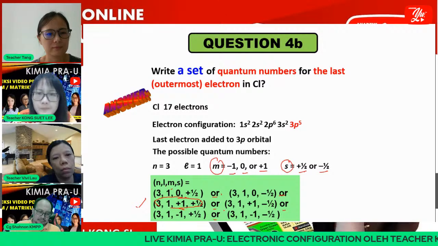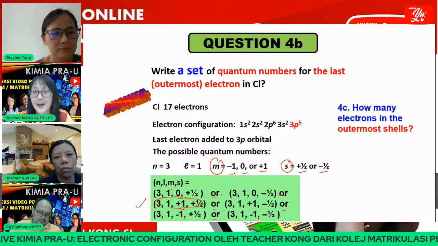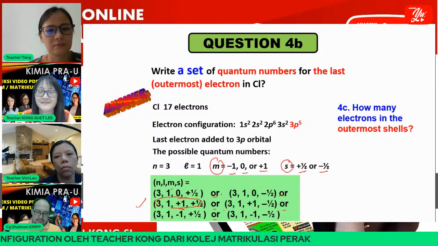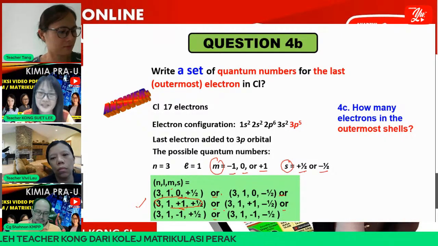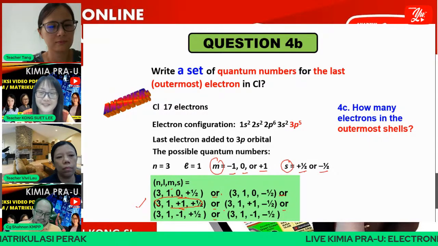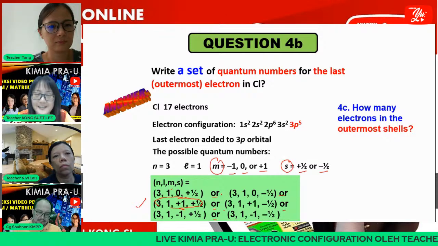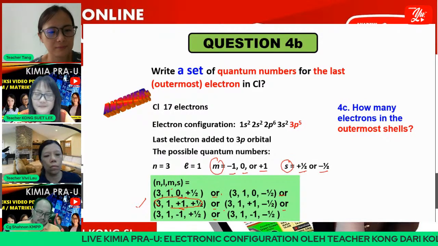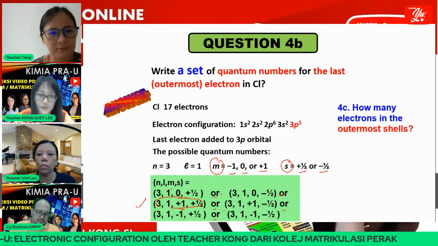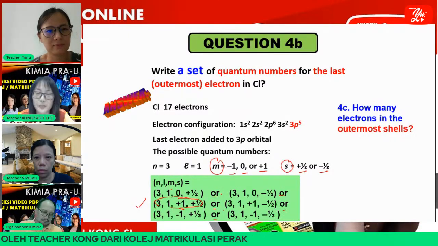Okay, is there any 4c? Yes, 4c: how many electrons in the outermost shell? Based on this question, what is the answer? Students, try to answer how many electrons are in the outermost shell for this case.